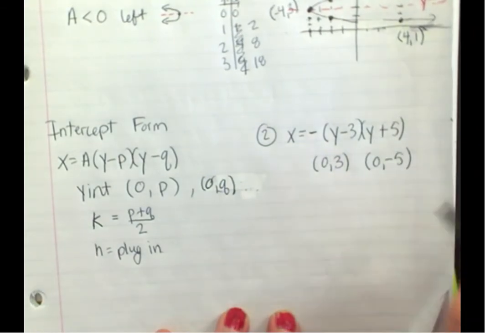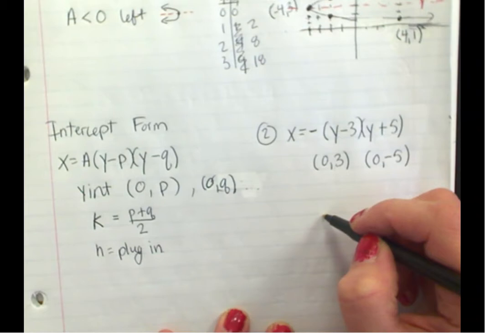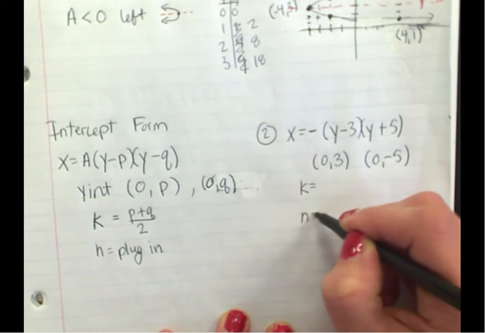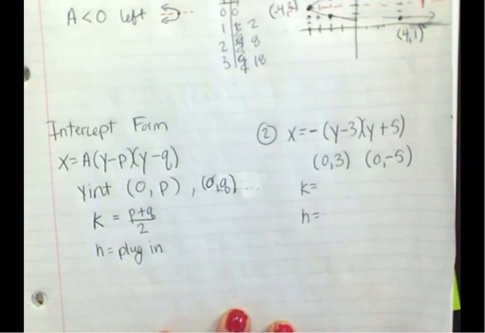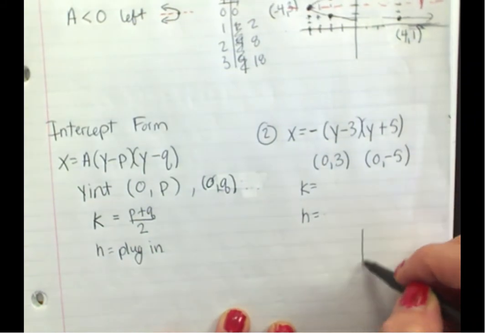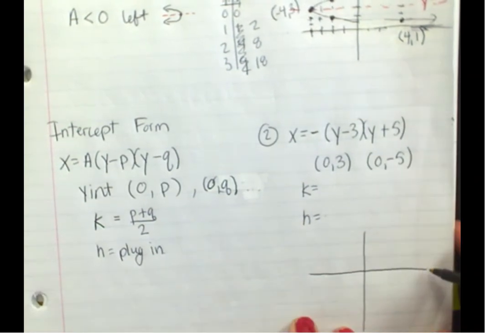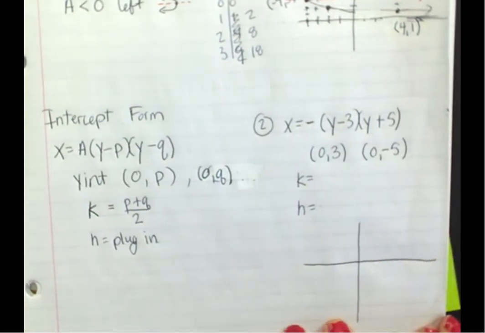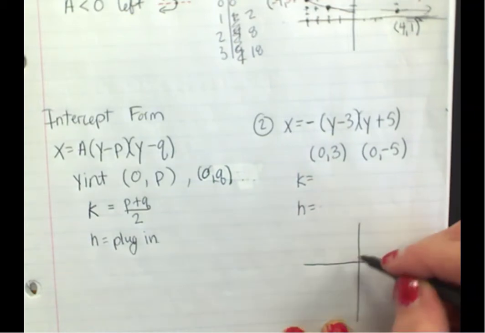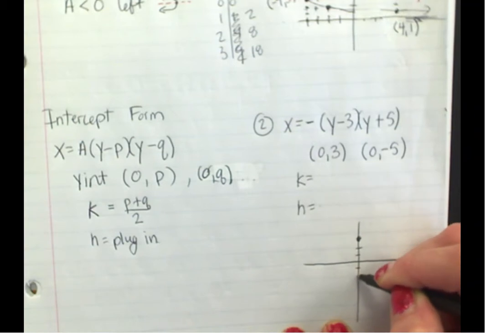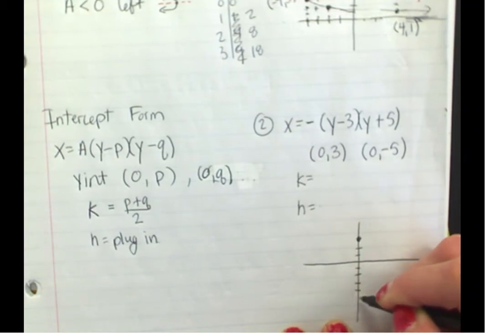Leave a little bit of space so we can find our vertex. There we go. Okay, let's put our intercepts on the graph. 1, 2, 3. 1, 2, 3, 4, 5.